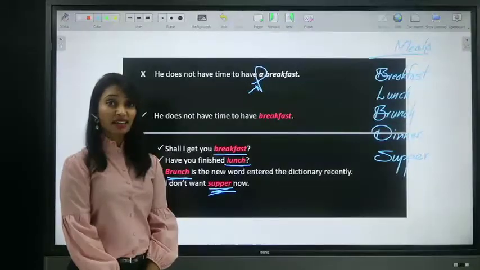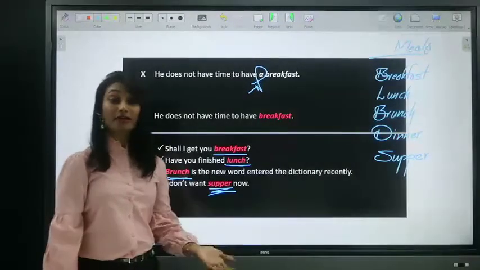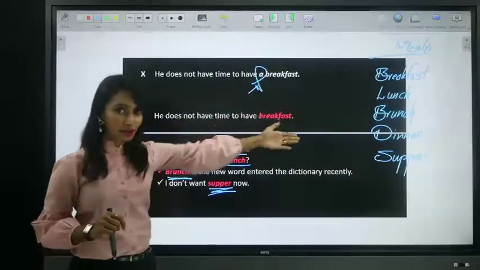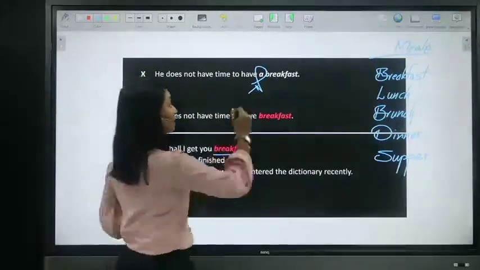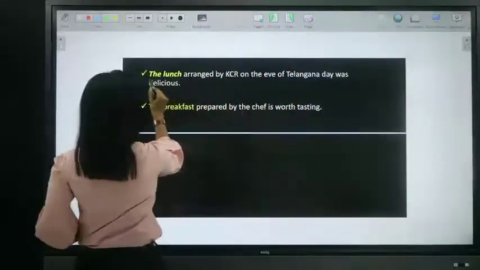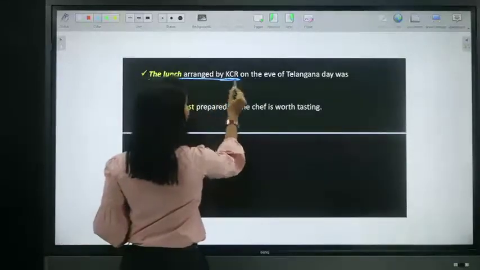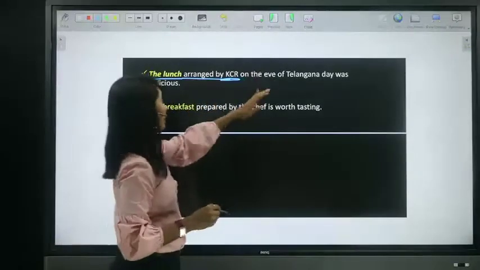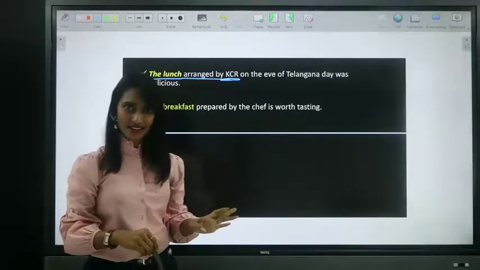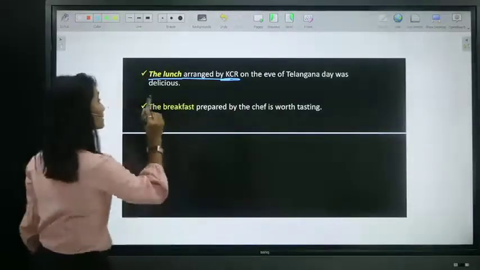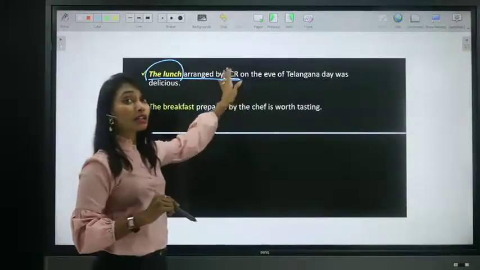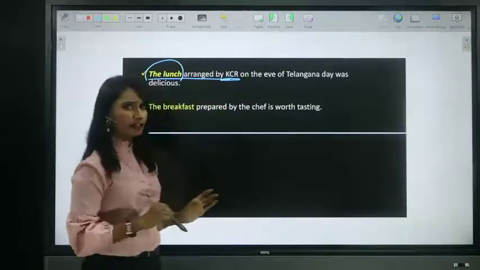But again, there is an exception where we can use the definite article the before the names of those meals. When and where is it? Look at this example. The lunch arranged by Mr. KCR on the eve of Telangana Day was delicious. Which lunch? Every day? Every lunch? No. Here we are specifying that the lunch arranged by KCR on the eve of Telangana Day was delicious.